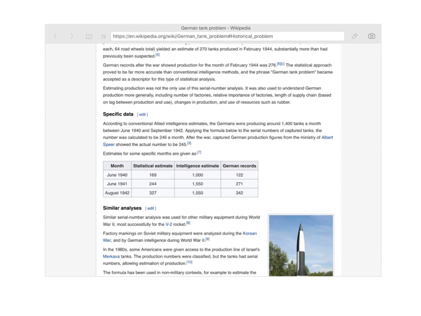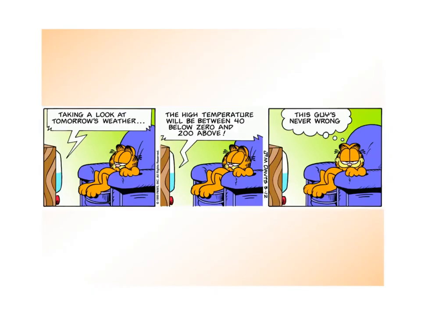And so, a little joke here, right? This is a Garfield comic strip, and Garfield is looking at the weather, and it says, taking a look at tomorrow's weather, the high temperature will be between 40 below zero and 200 above. And then Garfield turns to the audience and says, this guy's never wrong. Right?